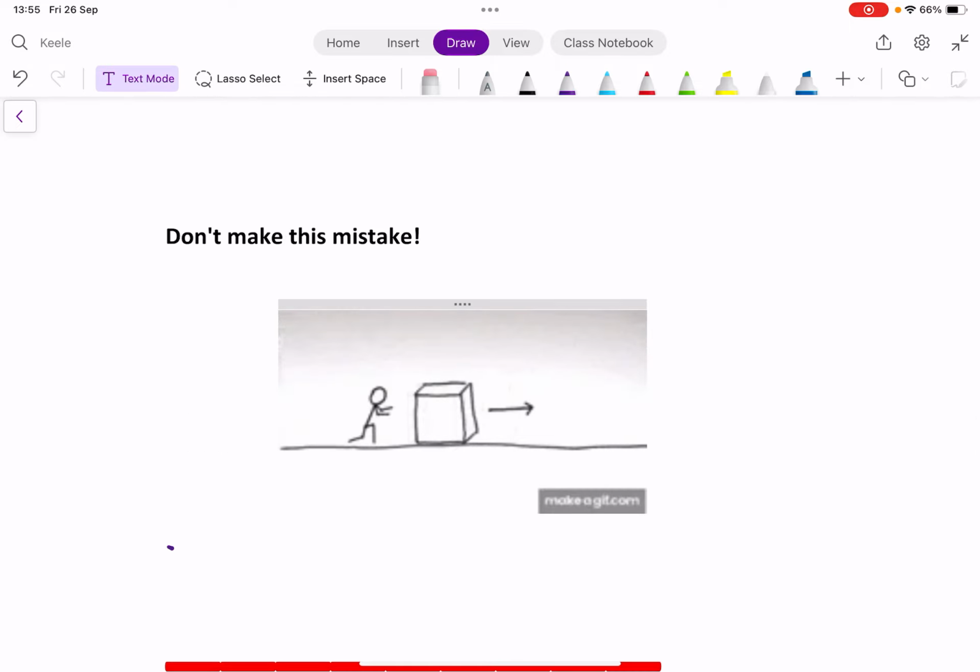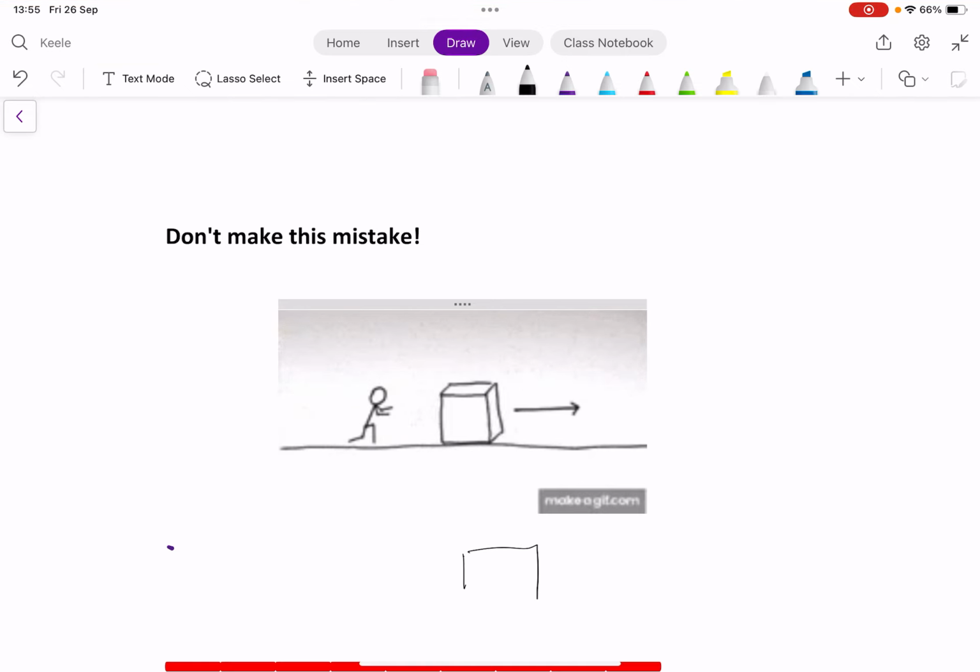Okay, here's a little mistake not to make. What people quite often assume is that if they are pushing an object and then they let it go, that object keeps moving, that they are somehow still applying a force to it. You are not a Jedi. This is not, unfortunately, true. In this instance, if this person pushed the box and then let it go, this force would not actually exist.